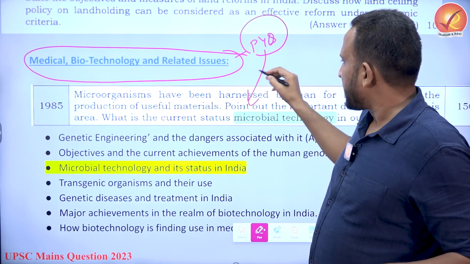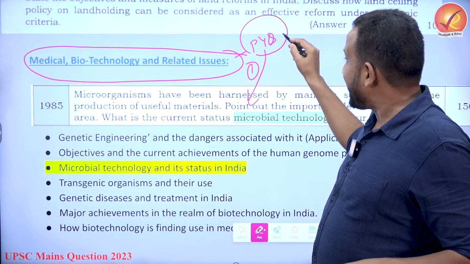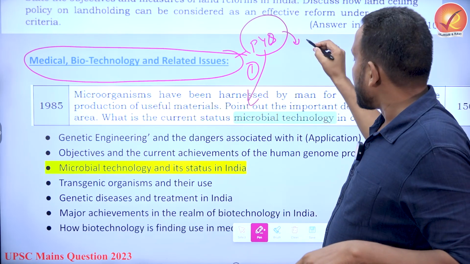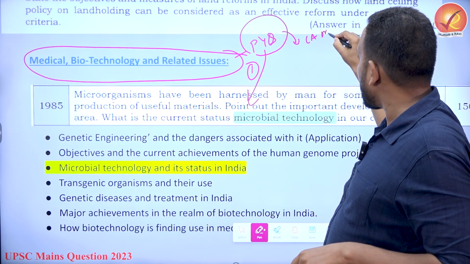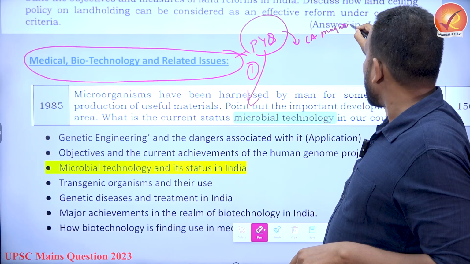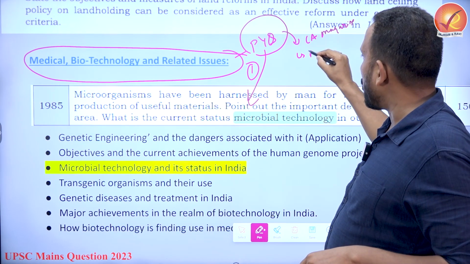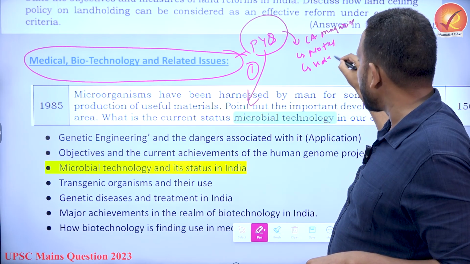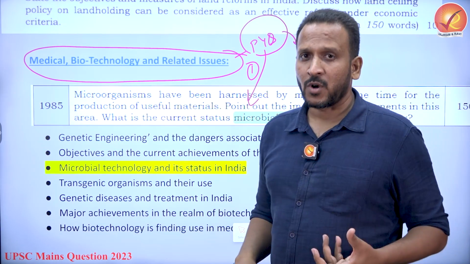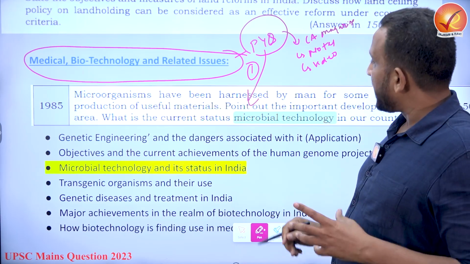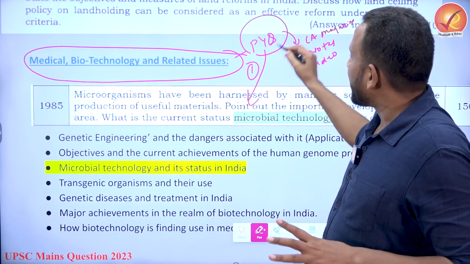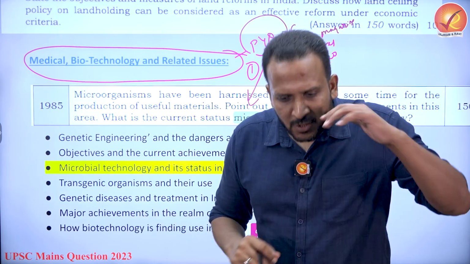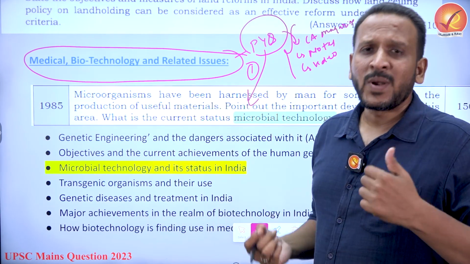Second thing is, you need to refer to your current affairs magazine, or your own notes, or videos you refer to for current affairs. But you may not get anything related to microorganism.